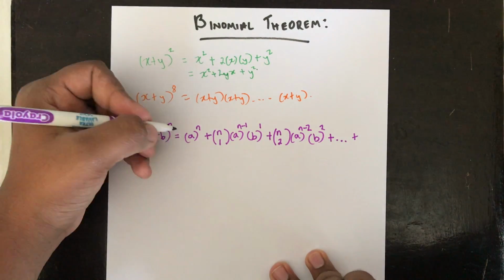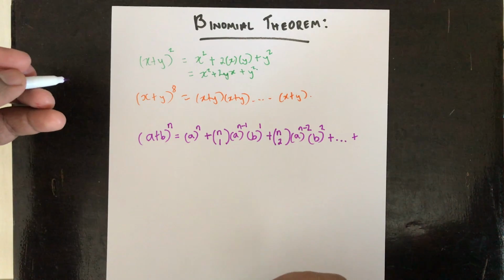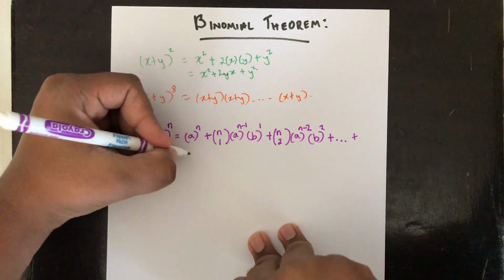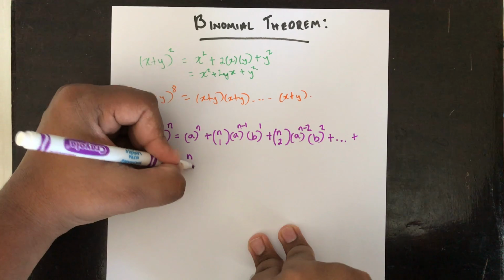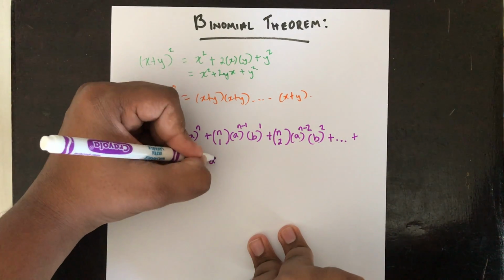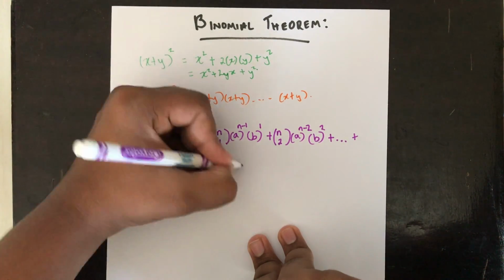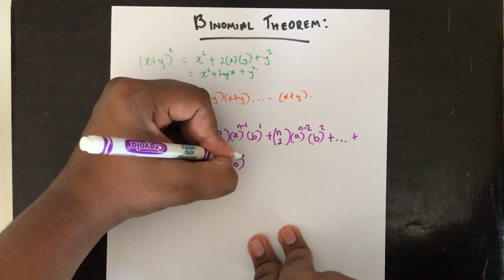The last term I'll assume is going to be the nth term. So it's just going to be n choose n, or nCn, aⁿ⁻ⁿ bⁿ.